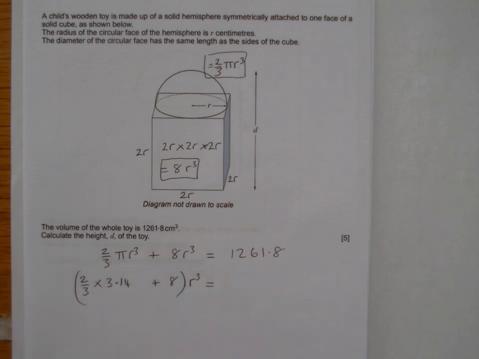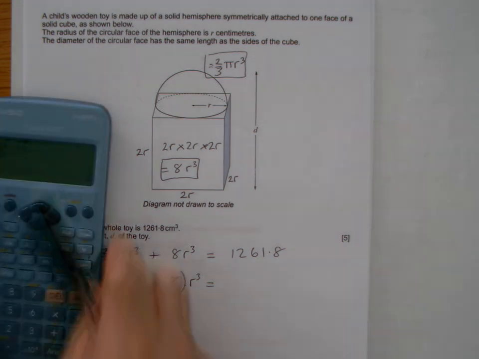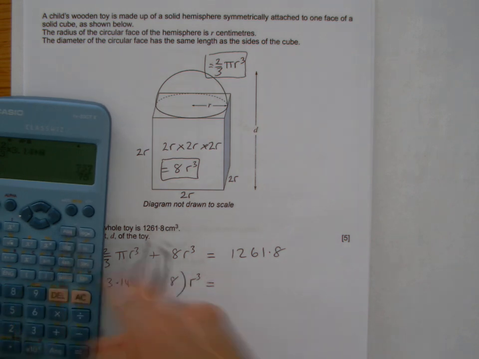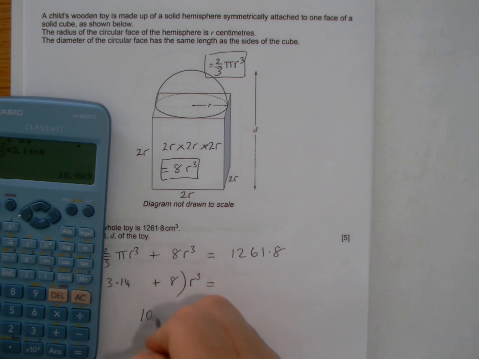So on my calculator, 2/3 times 3.14, add 8, so that comes to whatever that is, press the SD, 10.093 recurring r cubed, and that equals 1261.8.